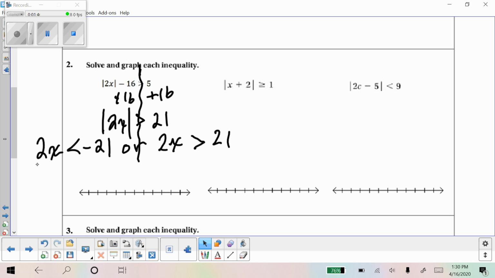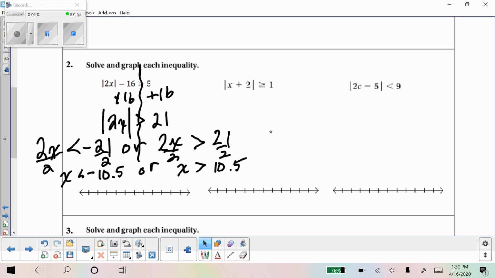Okay, then we're going to solve both of those by dividing by 2. So we get x is less than negative 10.5. Dividing by 2 doesn't reverse the sign. Then divide this side by 2, and we get x is greater than positive 10.5.